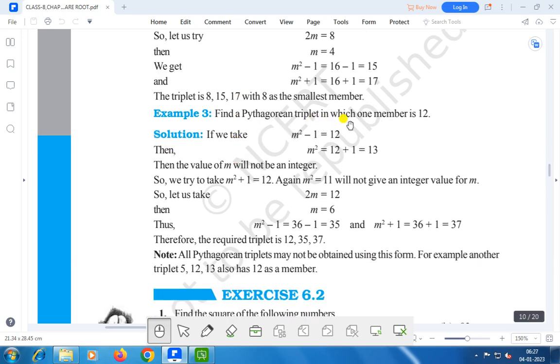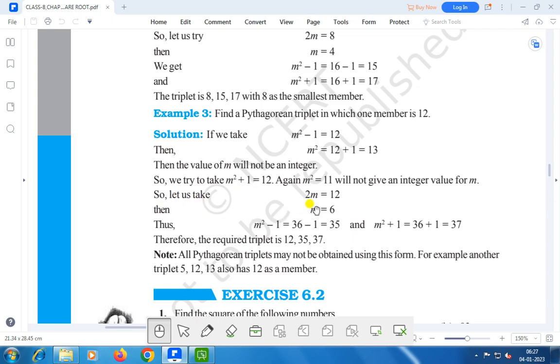Find a Pythagorean triplet in which one member is 12. If we take m square minus 1 equal to 12, m square equal to 12 plus 1 that is 13, then the value of m will not be an integer. So we try to take m square plus 1 equal to 12, m square equal to 11, which also does not give an integer value for m.